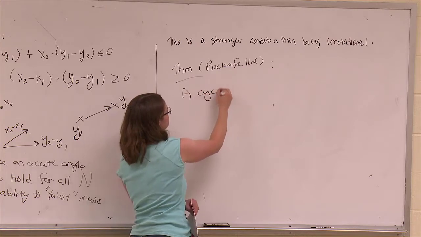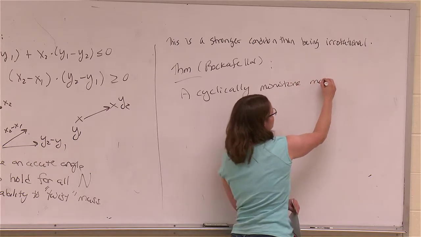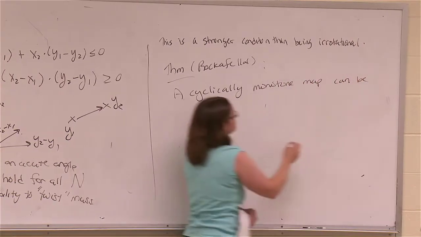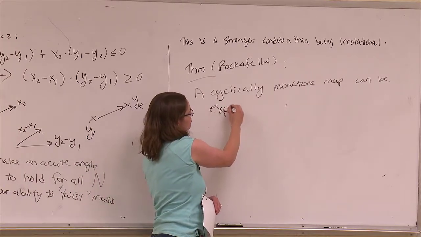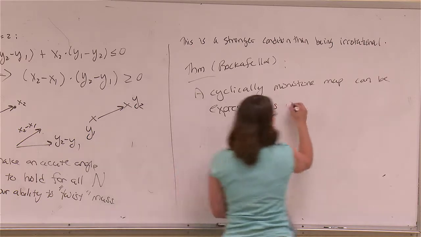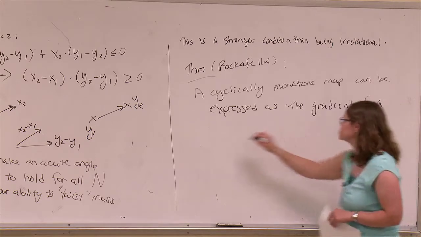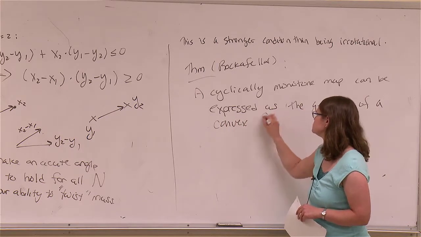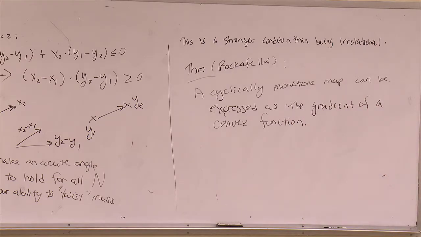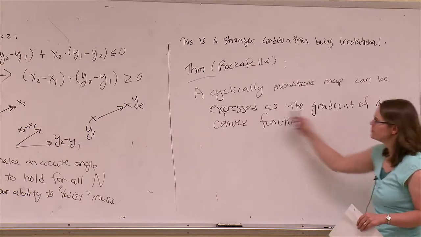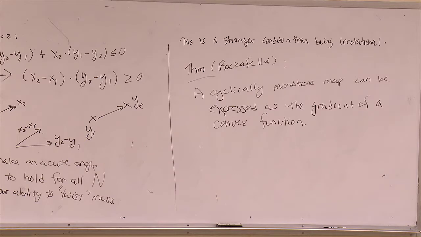Okay, so a cyclically monotone map can be expressed, if things are smooth enough (if things are not smooth enough, you have to relax this a bit), as the gradient of a convex function. We're going to actually derive this result later, that we are actually looking for the gradient of a convex function, and we're going to do that using the Kantorovich formulation.